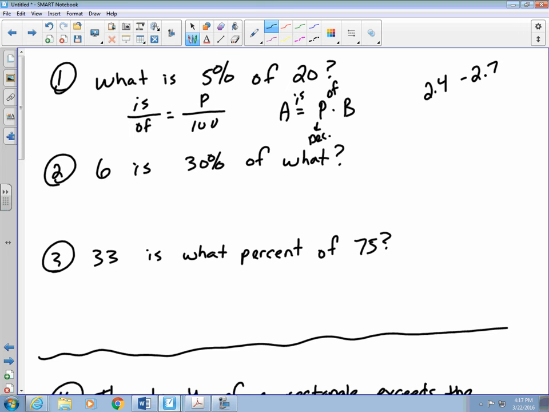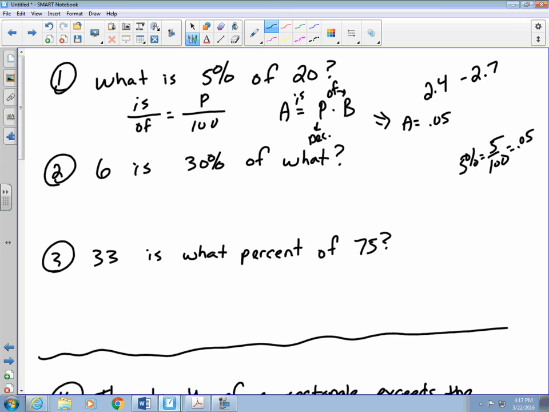So if we have this problem here, what is 5% of 20? The of is going to be associated with the B. So if I use the equation, you say, well, 0.05, right, 5%. 5% is the same thing as 5 out of 100, and when you divide by 100, it's going to move it 2 places to the left.